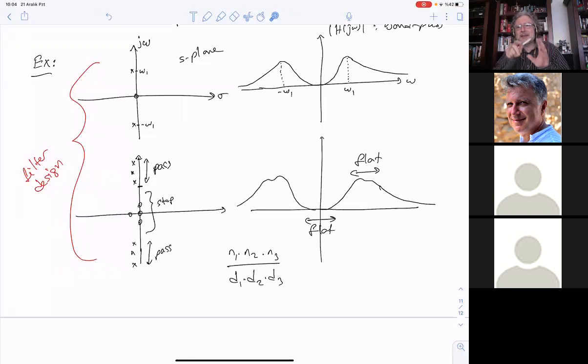So you're just choosing the value of your capacitor and the inductor of your RLC circuit according to the locations of these poles and the zeros. That's a circuit design. But first things first, you have to start from filter design, then you go to circuit design, and then you implement it. That's how we make filters. That's how we design filters. And that's a good thing.